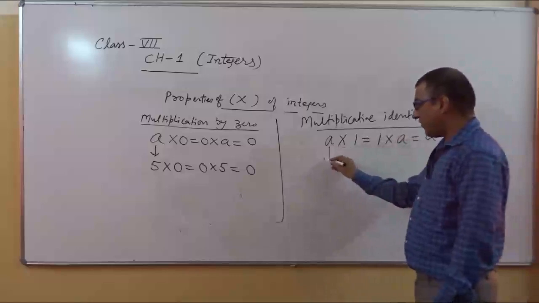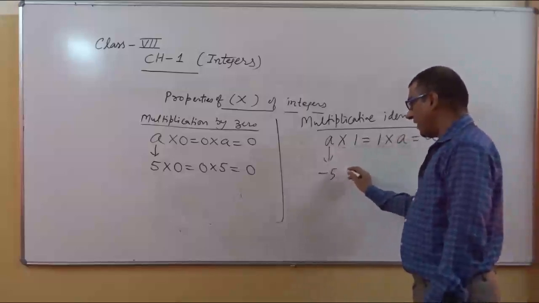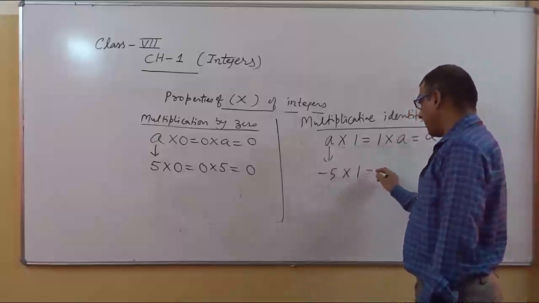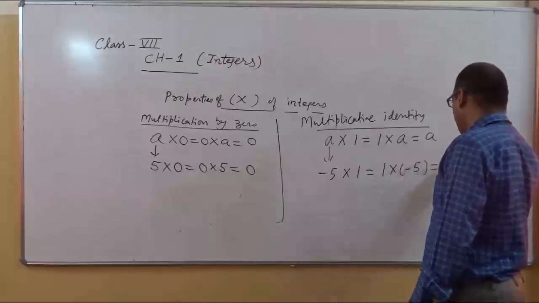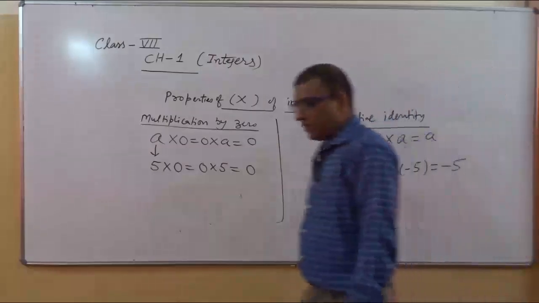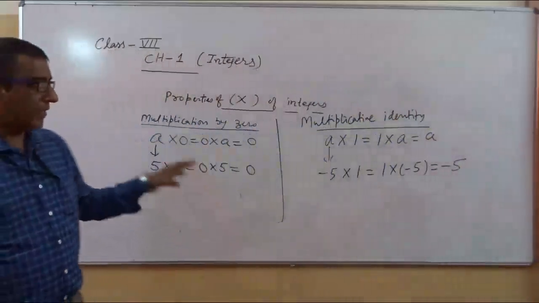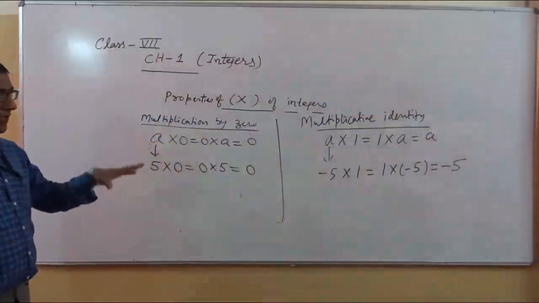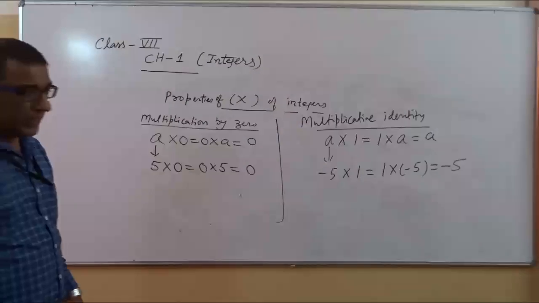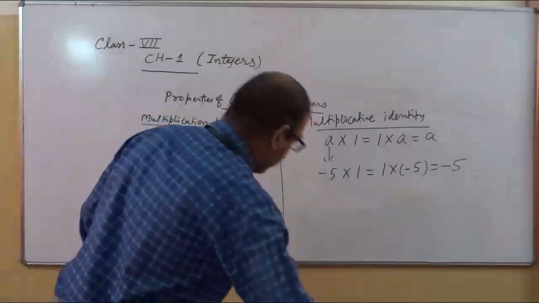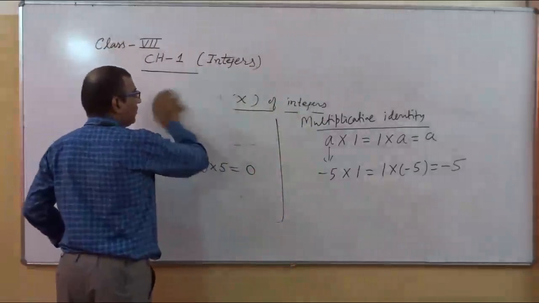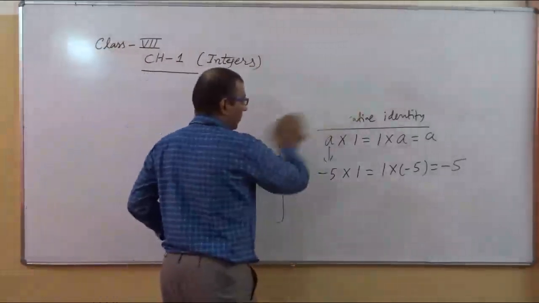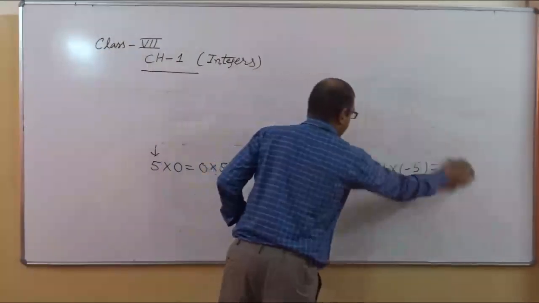For example, if I am taking the value of a as −5, then −5 multiplied by 1 or 1 multiplied by −5, in both cases we will get −5. So this is the concept of multiplicative identity, or we can say one is the multiplicative identity for integers. So this is the concept of properties of multiplication for integers.